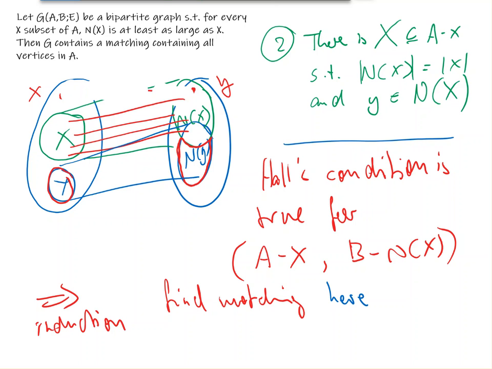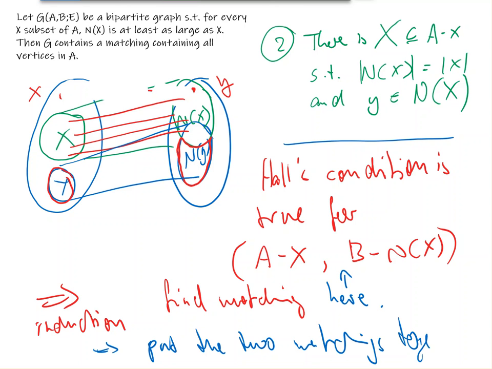We have it here in this one. And then we put the two matchings together, and we're done. So this is the proof of Hall's theorem.